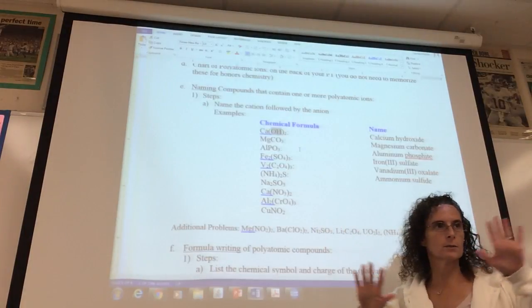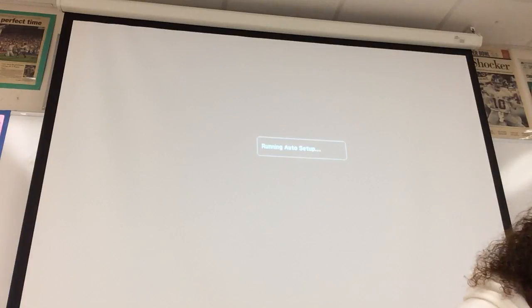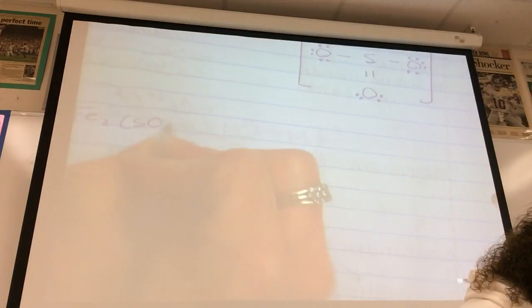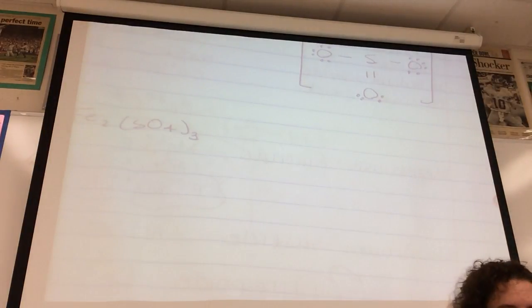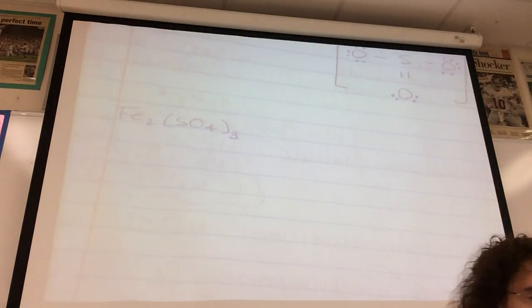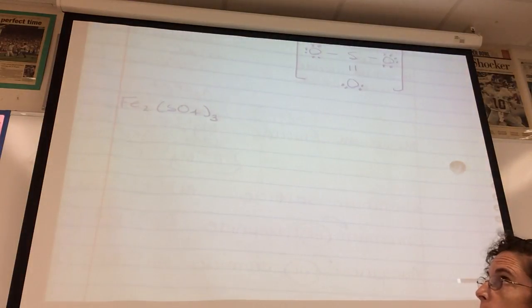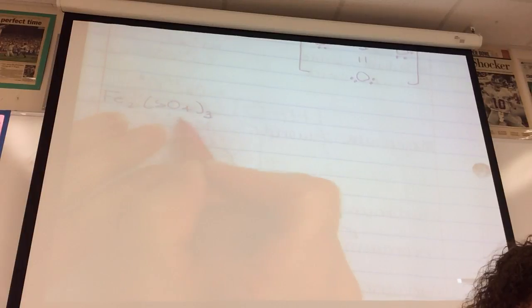Now, this is tricky because we're getting back to these crazy Roman numerals. So let's look at this one slowly. When we tackled this with the binary, we looked at the charge on the anion.